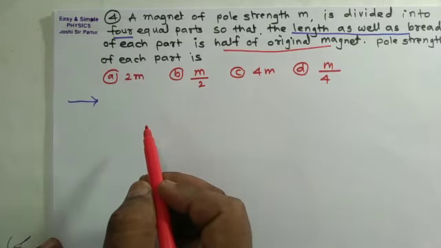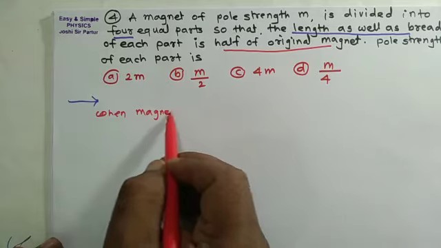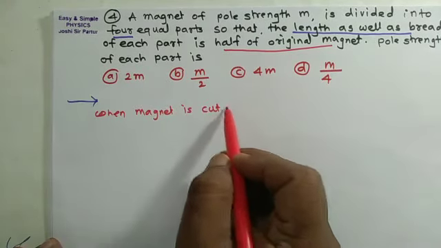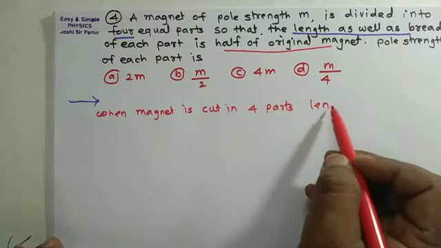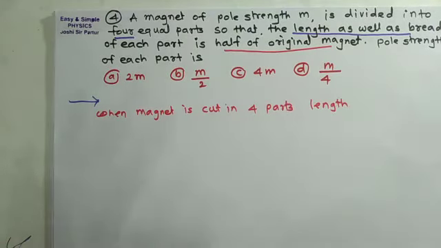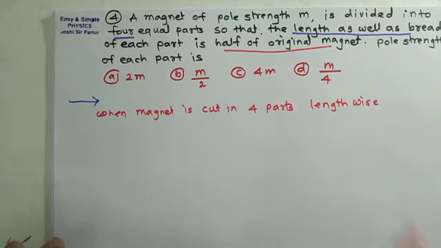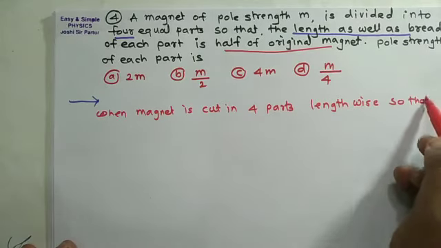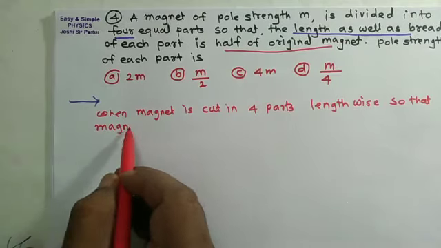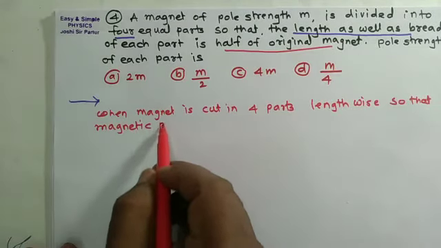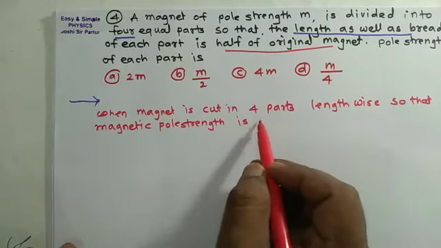See, when a bar magnet is cut into four parts lengthwise, so that magnetic pole strength is the same.